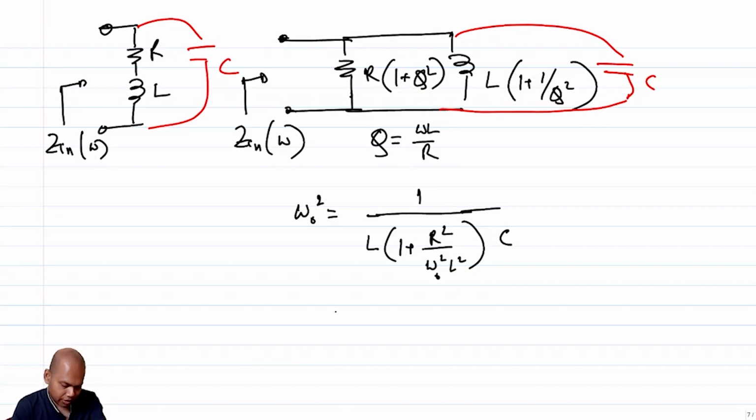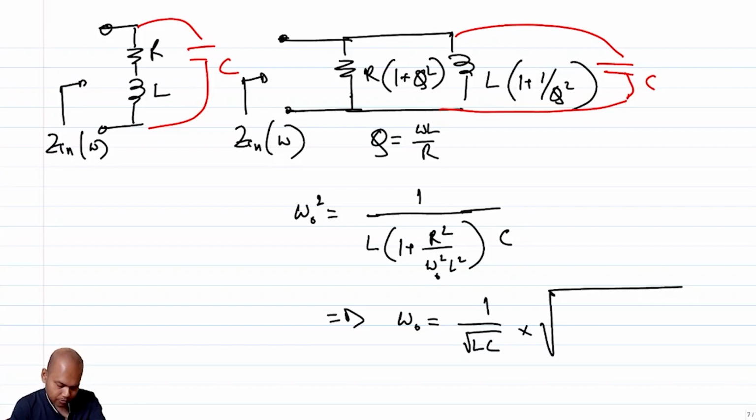So once you solve it, you are going to get the value of omega naught to be 1 over under root LC times square root of 1 minus R square C over L, right?